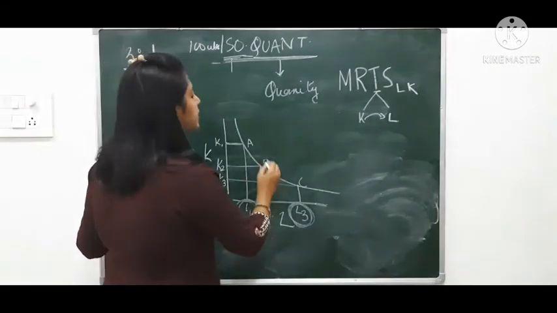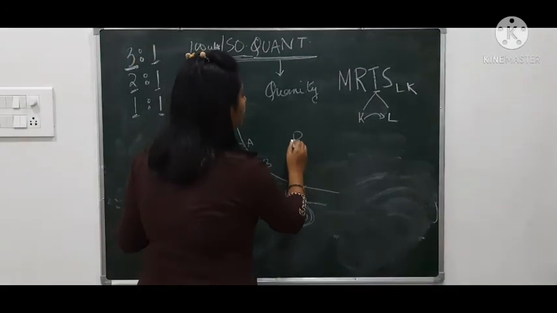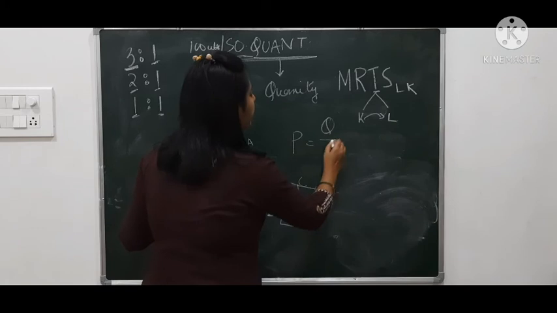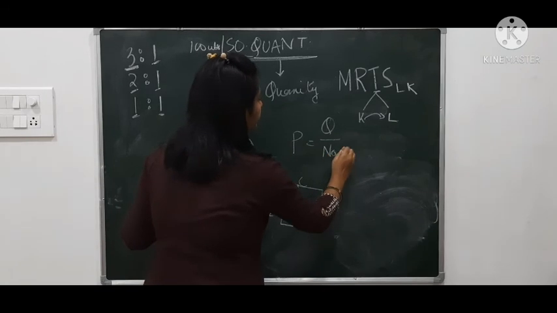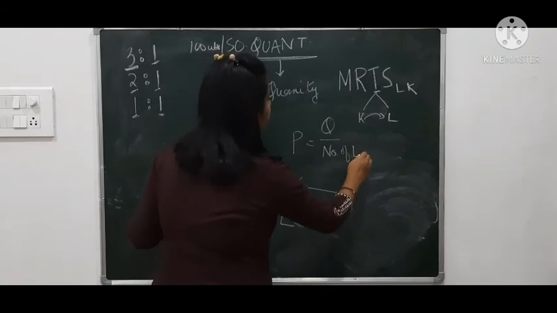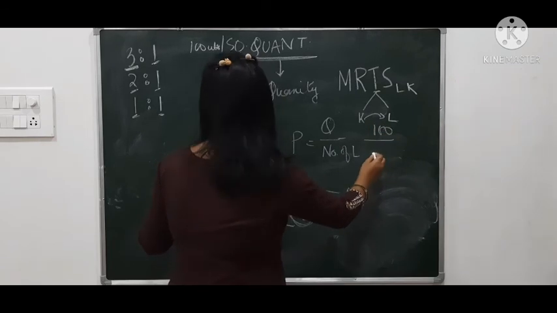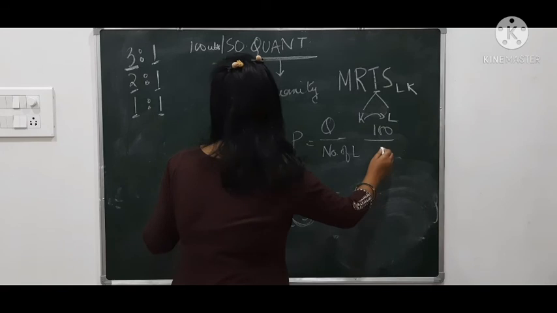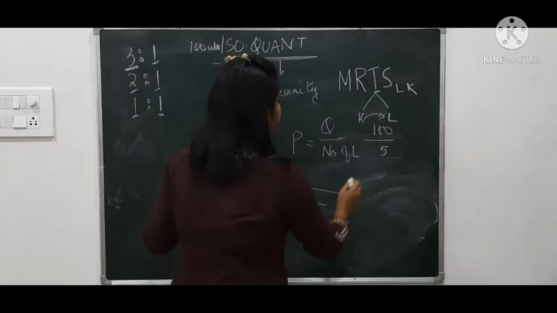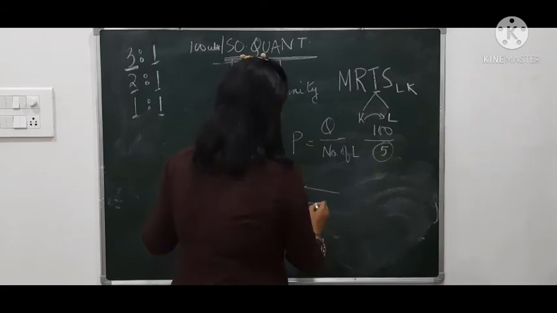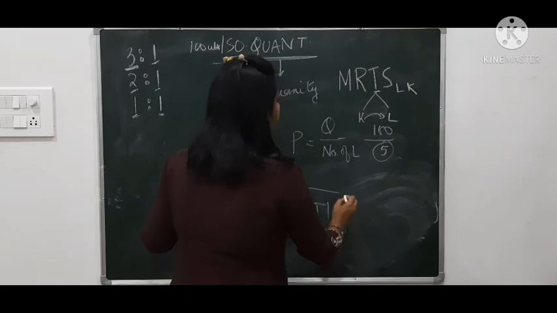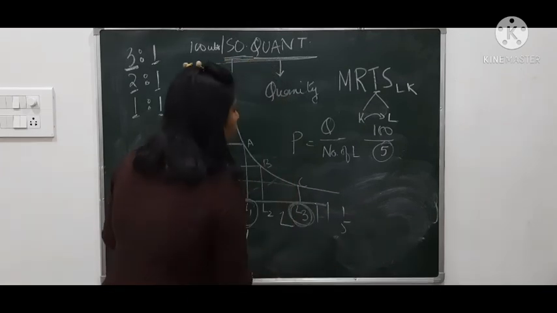Why? Productivity means what? Productivity is equal to quantity produced divided by the number of factors, here labor. So I am producing 100 units by using 5 labors. I am increasing the number of labors ultimately to 5, but initially I was using only 1 labor.